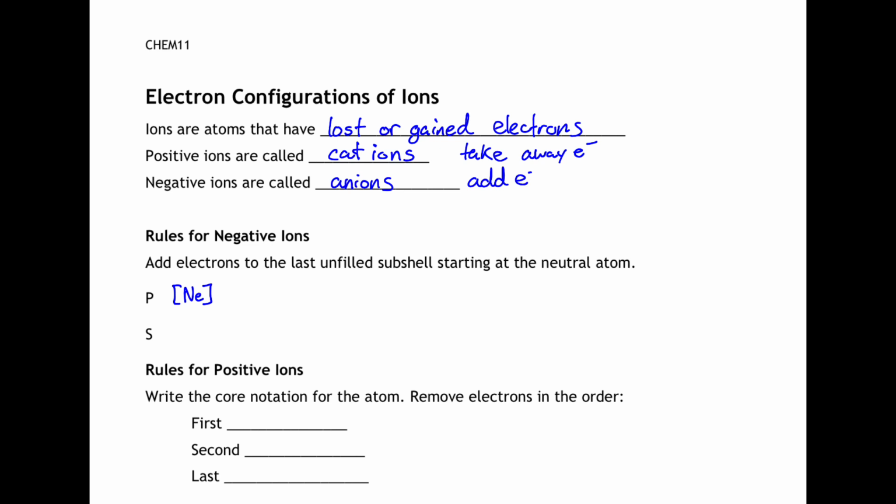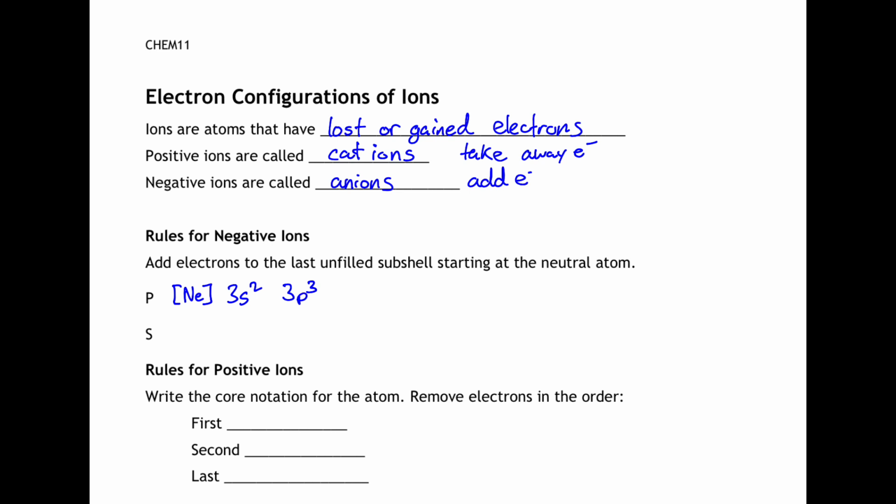So we have neon plus what we have. So we're going to have 3s2 for my sodium and magnesiums, and then we count across, we have 3 of the next one. So 3p3, and that's phosphorus.